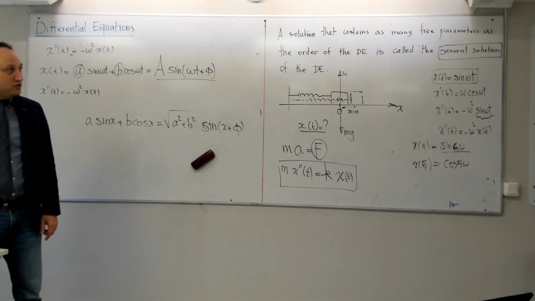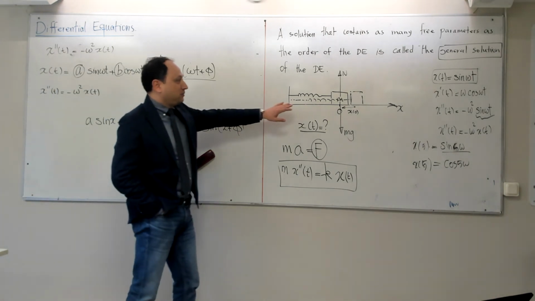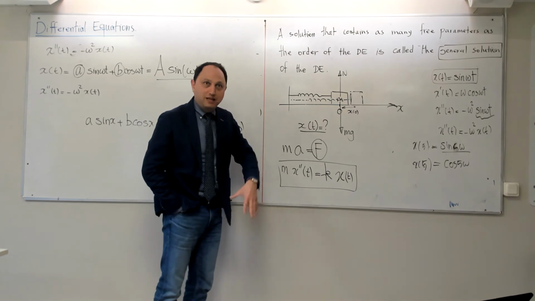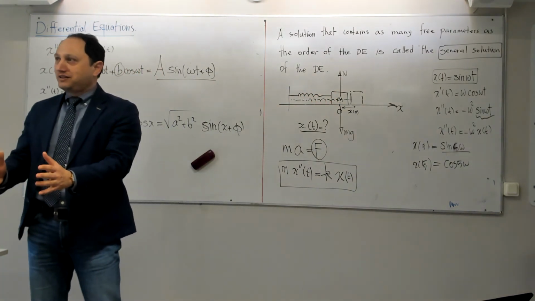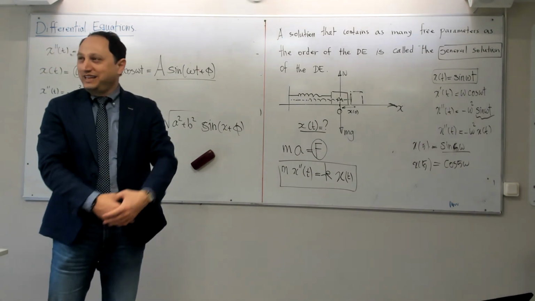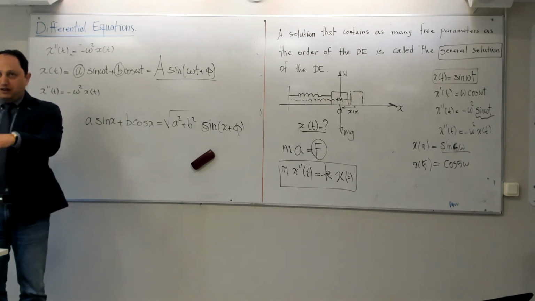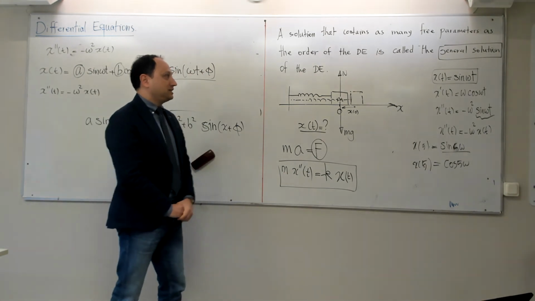But of course, from a physical point of view, it should be clear that something is missing. The law tells you, but you need to know the initial state to be able to predict the future. If you don't know anything about the system right now, how do you want to predict the behavior of the system in the future? So you need to know the initial state of my system and then be able to predict the future.